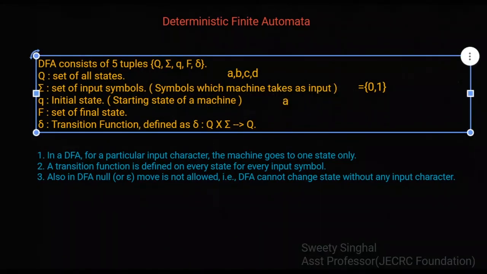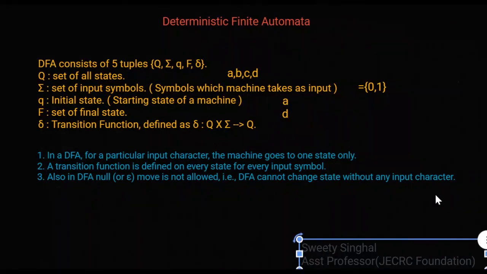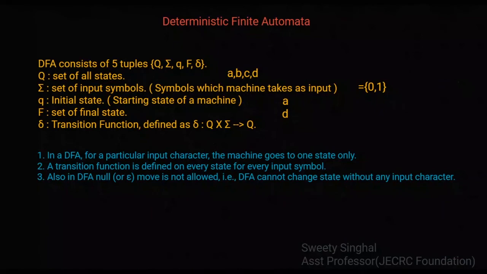F is the set of final states. Here in our example, there is only a single final state, but we can have more than one final state in a particular example. So here D will be our final state.